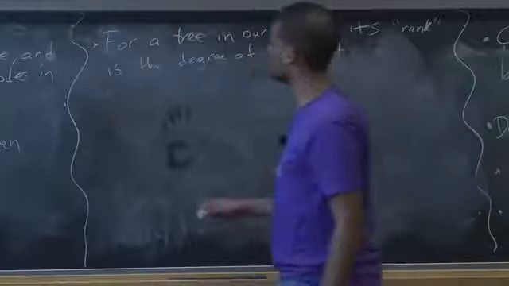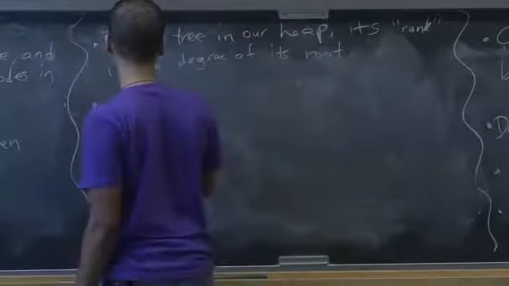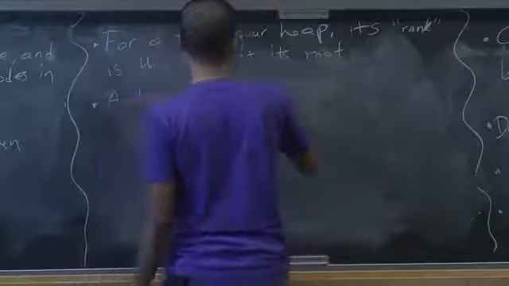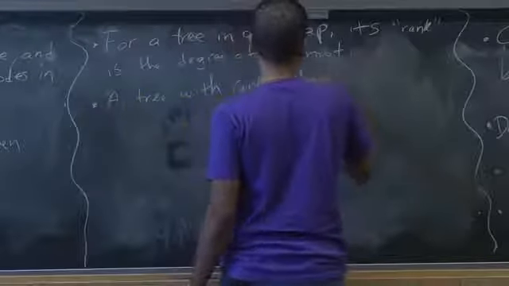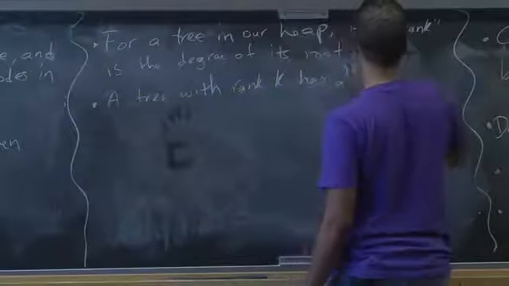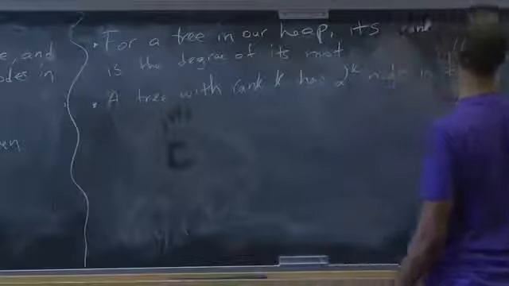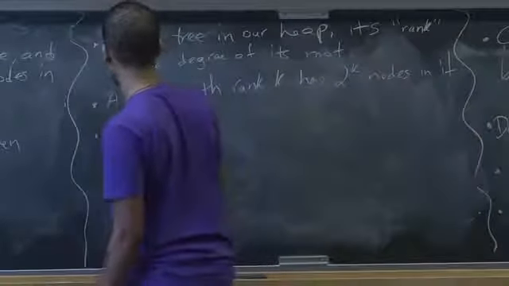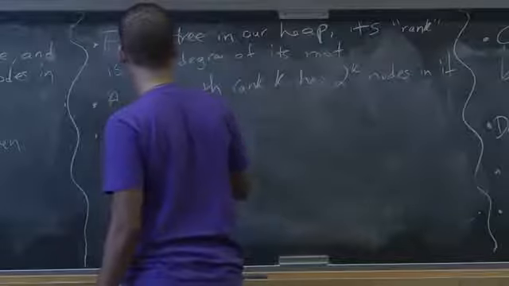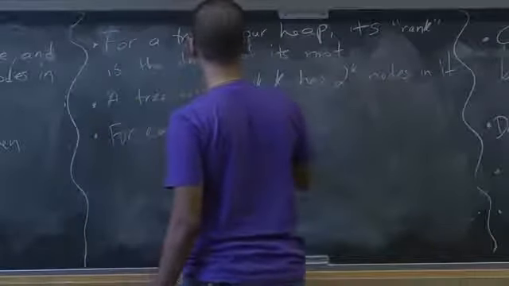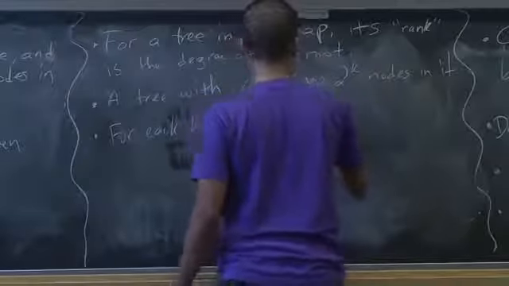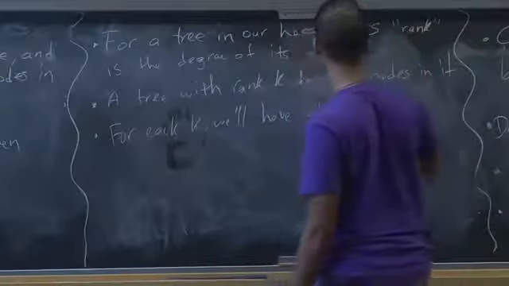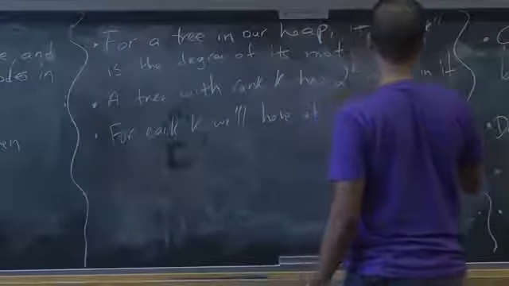What we're going to maintain is that a tree with rank k will have exactly 2 to the k nodes in it. Also, very soon I'll start drawing a picture, and then this will be very clear. For each k, we'll have at most one tree of rank k.